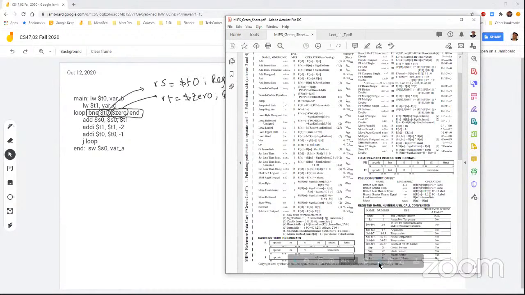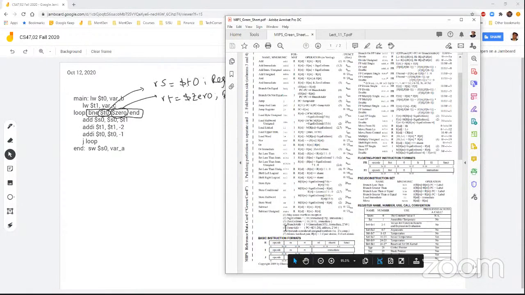I'm looking into this table: $t0 to $t7 is 8 to 15, and $0 is 0. So that's register number 8, and your I type format is this.